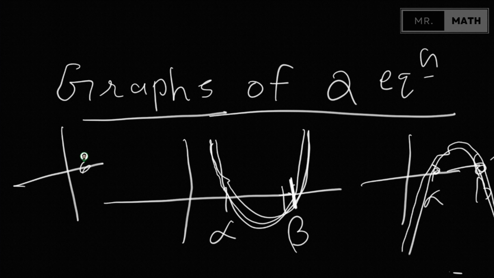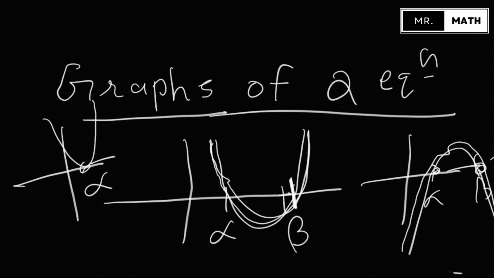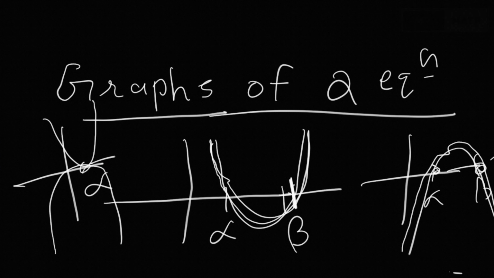And if there is only one root, alpha and beta are both the same. In this case, it would be like this, just touching the x-axis at alpha, or it would be a downward parabola as well. So it will just touch the x-axis in this case.